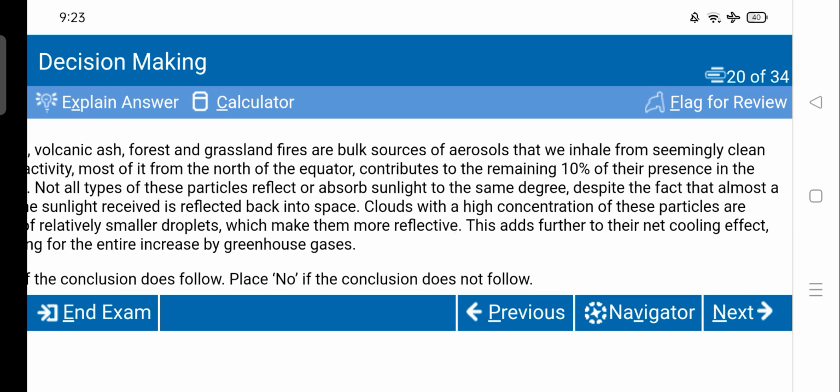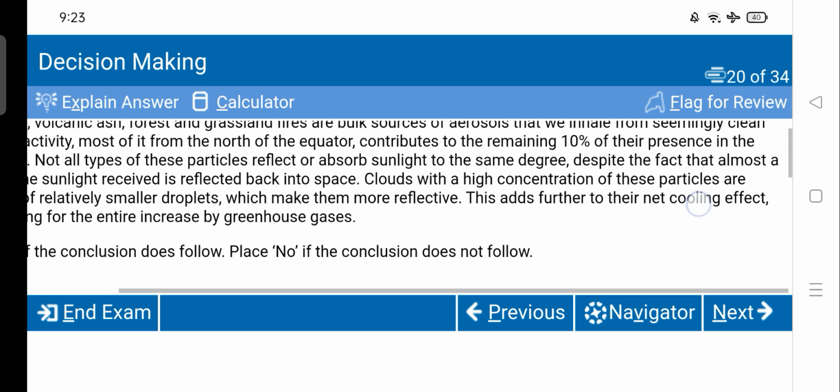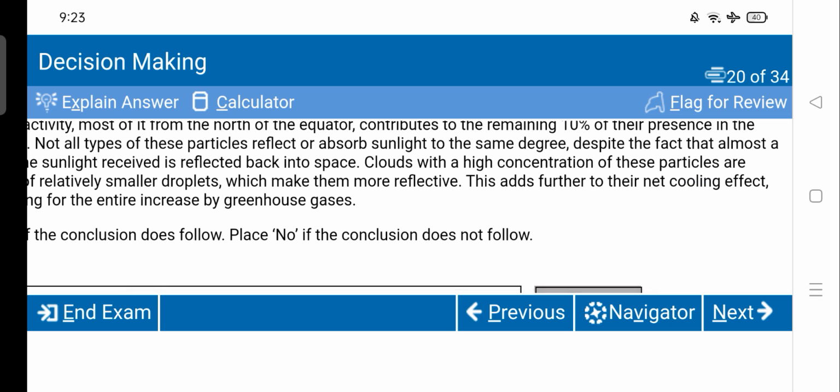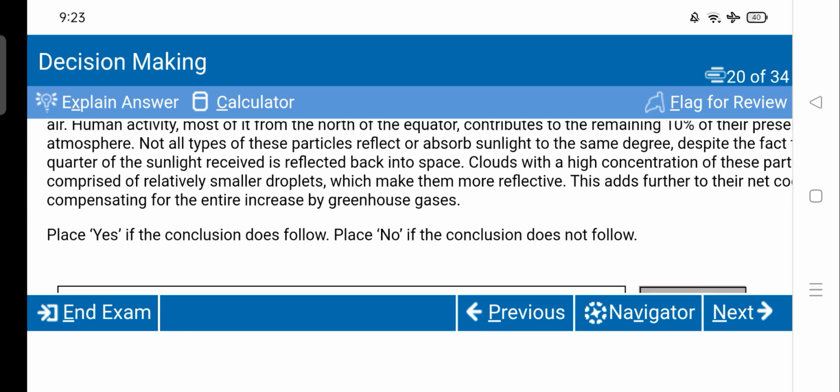Clouds with a high concentration of these particles are comprised of relatively smaller droplets, which makes them more reflective. This adds further to the net cooling effect, compensating for the entire increase by greenhouse gases.